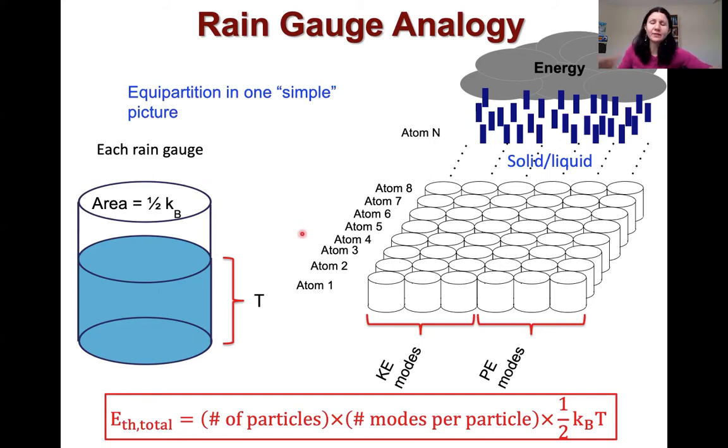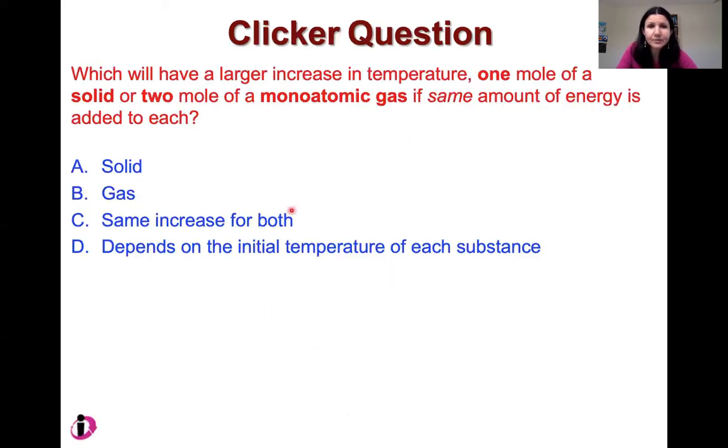Let's assume that initially we already have some temperature, so the buckets are already full with something. Now we add the same amount of energy to these two different systems. Which one will get more energy per mode, or per rain gauge? Think about it in terms of this equation and how it applies to 1 mole of a solid versus 2 moles of a monatomic gas. Pause the video and think about it.